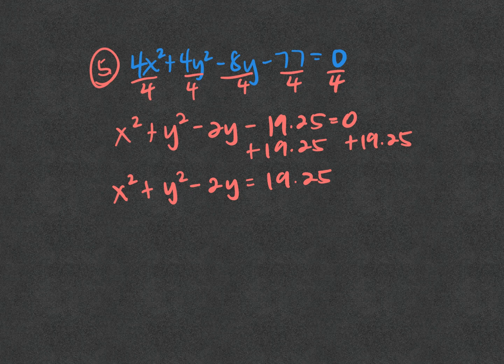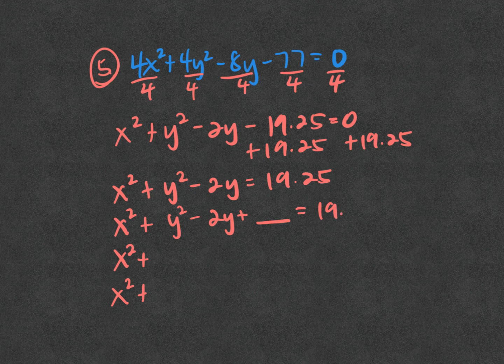All right. So this x squared is by itself. I'm just going to bring it down several times, 3 to be exact. And I'm going to say y squared minus 2y plus something equals 19.25 plus something. So now we have to think about our completing the square. That's why we have the blank.